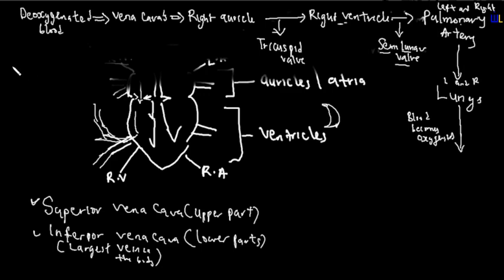I said when blood flows from the pulmonary artery and enters the lungs, it will become oxygenated in the lungs. That's why I wrote here, blood becomes oxygenated after it passes through the lungs. Is this clear?